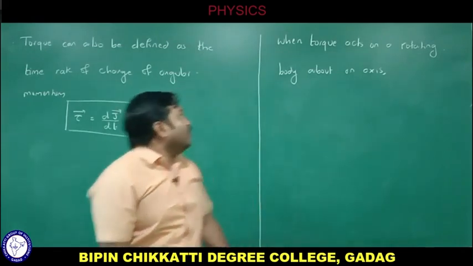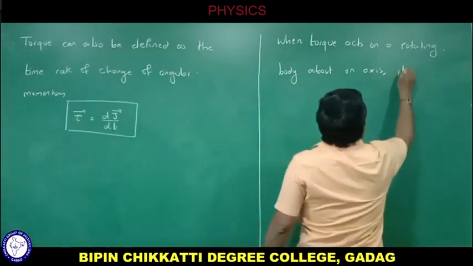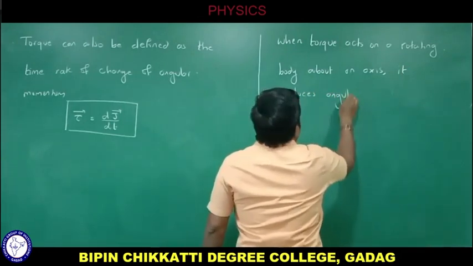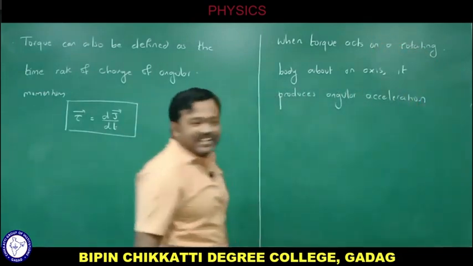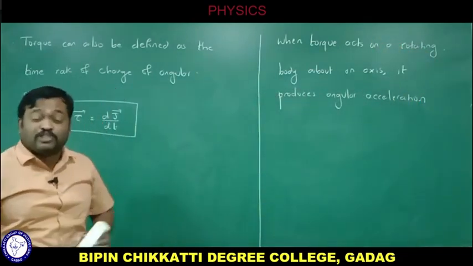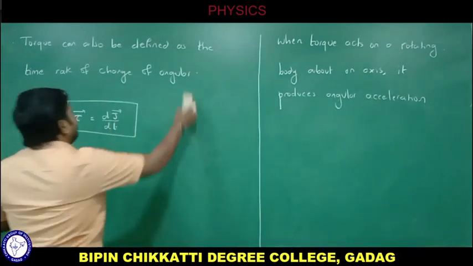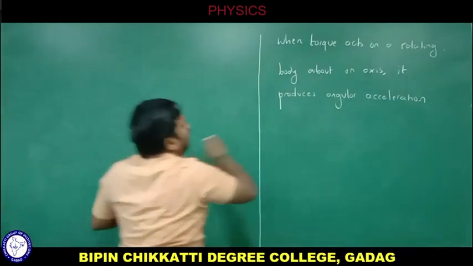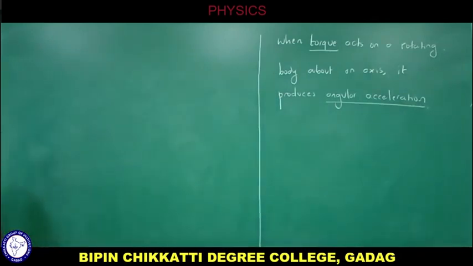So when torque acts on a rotating body about an axis, it produces angular acceleration. The body begins to rotate much faster, meaning the body gets angular acceleration.